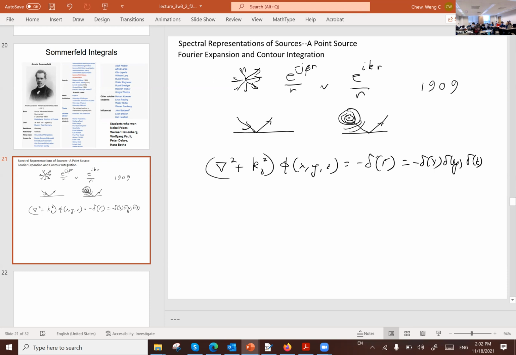So I'm going to assume that this Green function can be Fourier transformed, and hence it can be written as a 3D Fourier transform.